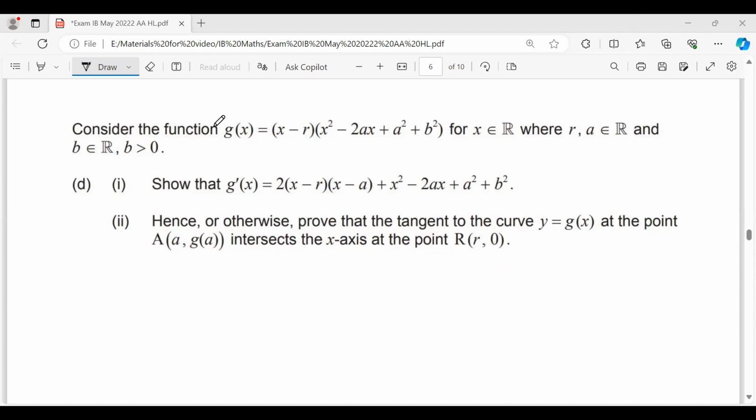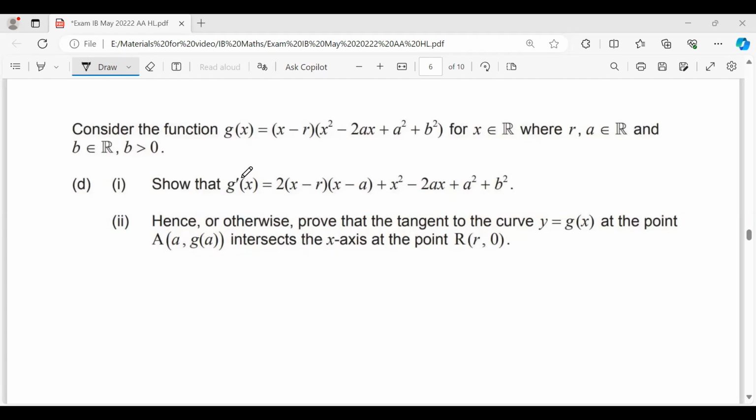Consider the function g(x) equals (x minus r) times (x squared minus 2ax plus a squared plus b squared), for x an element of the real numbers, where r and a are real numbers as well, and b is a real number with b greater than 0.